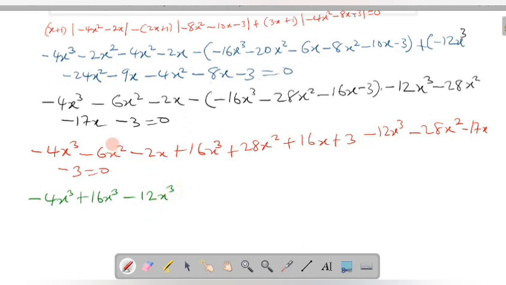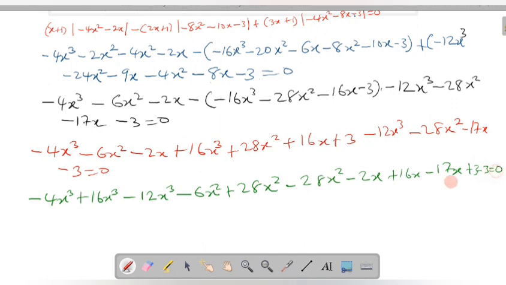Let's collect the next term: minus 6x squared plus 28x squared, then minus 28x squared. Then let's collect the terms in x. We have minus 2x, plus 16x, minus 17x. Then the remaining terms are plus 3 and minus 3. Everything is equal to 0.